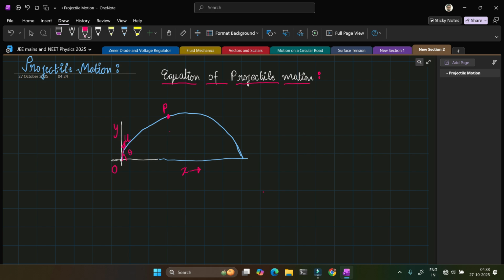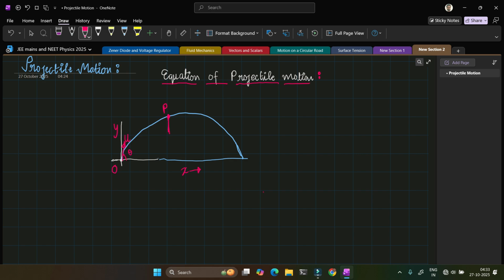You will see while solving questions that some are framed specifically on this equation, because if you do not know the equation of projectile motion, then you cannot solve those questions.